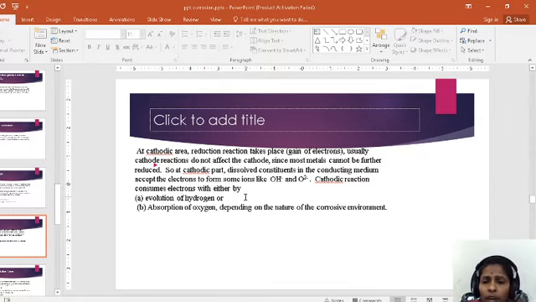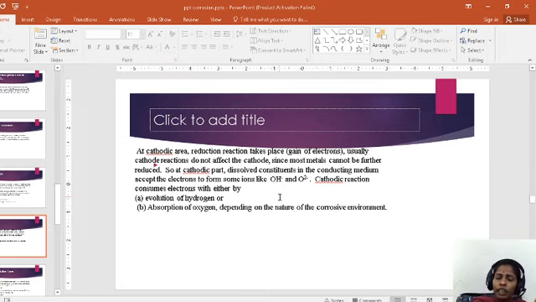At the cathodic part, dissolved constituents in the conducting medium accept the electrons to form ions like OH minus and oxide ions.